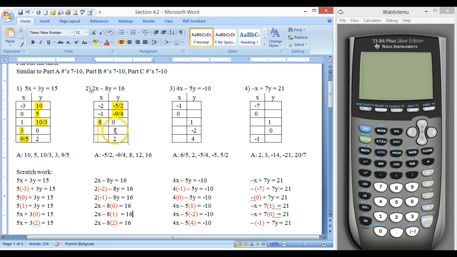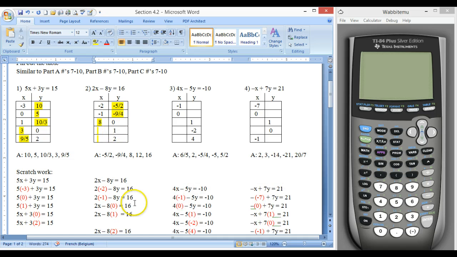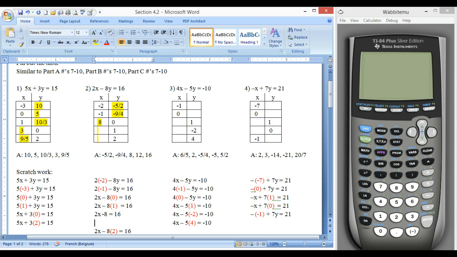Okay, now we have 1 being substituted in for y. 8 times 1 is 8. So I have 2x minus 8 equals 16. And then to isolate the x, we need to add 8.